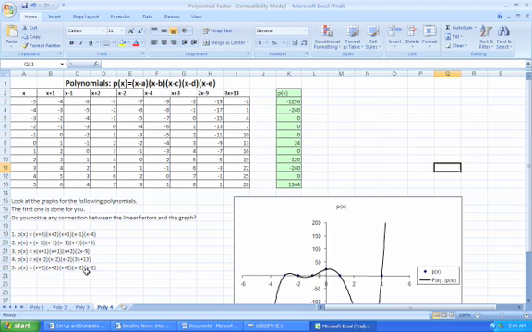And you can do that by transferring that information up to our output column, watching what happens when it changes the graph, and then comparing what you see in the graph to the linear factors off to the right. Well, good luck with your discovery.